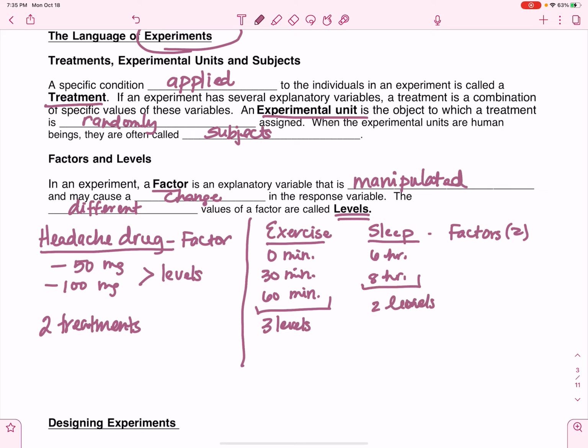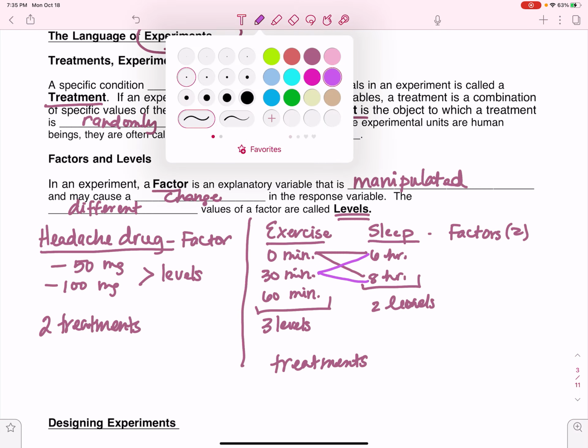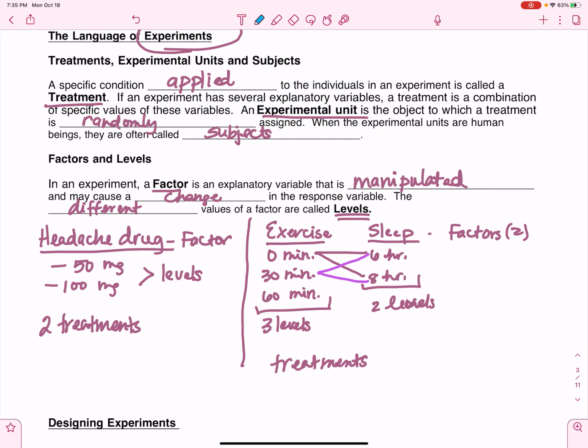What are all of the possible treatments? I can assign someone 0 minutes and 6 hours of sleep, or 0 and 8, or 30 minutes and 6 or 8, or 60 minutes of exercise and 6 or 8. Notice that there are 6 lines there, so there are 6 treatments.